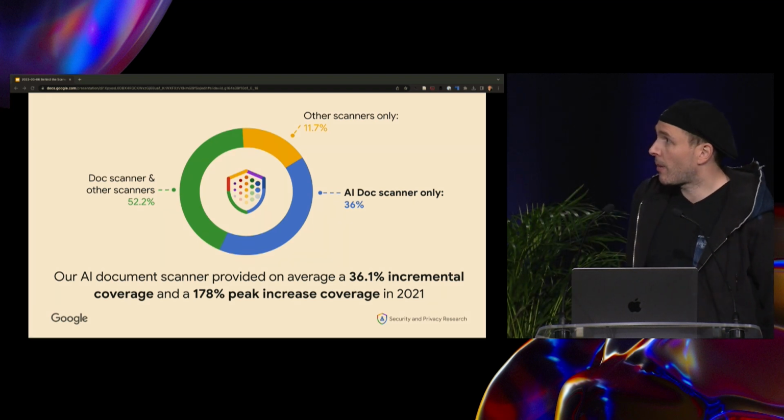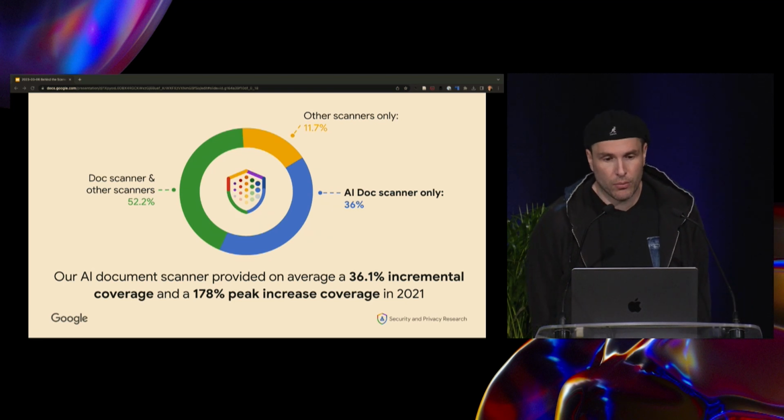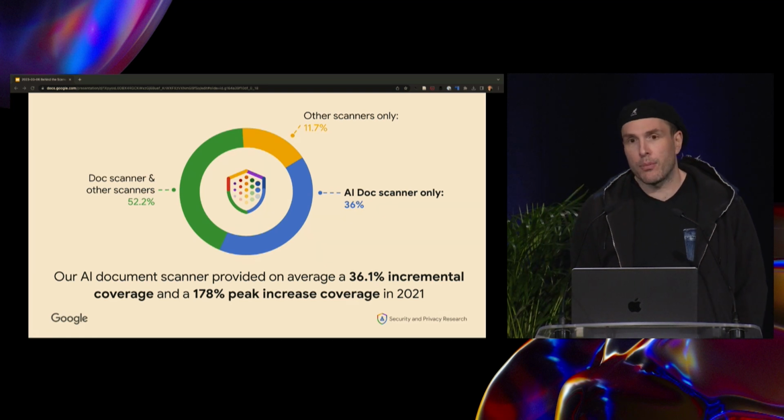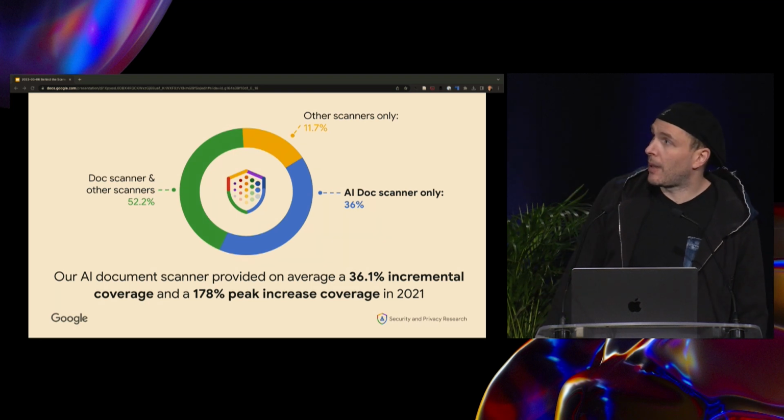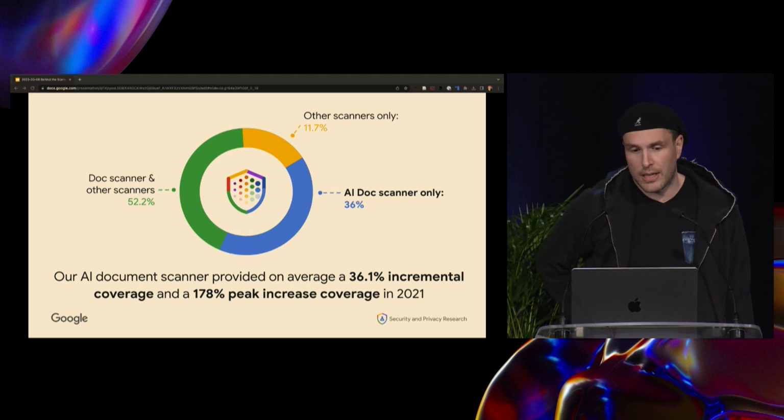This is the breakdown for 2021. So I wanted to take the whole 2021 year set of data. And as to the office and the office documents only, we raised our capacity by 36%.